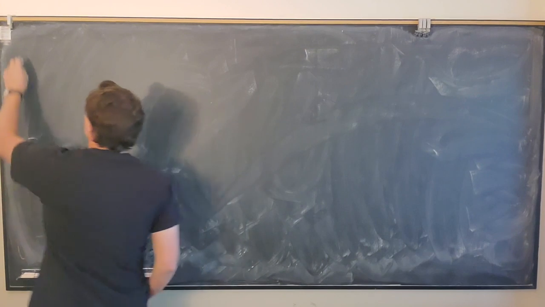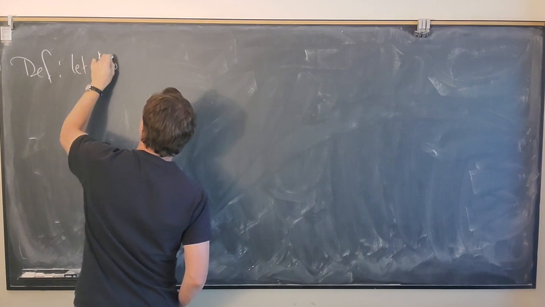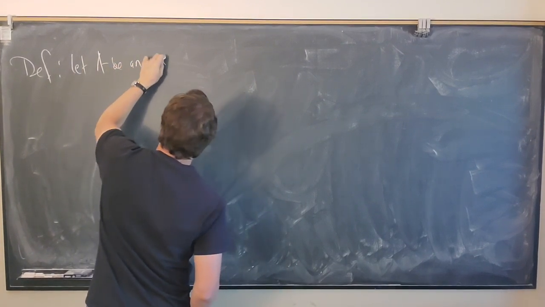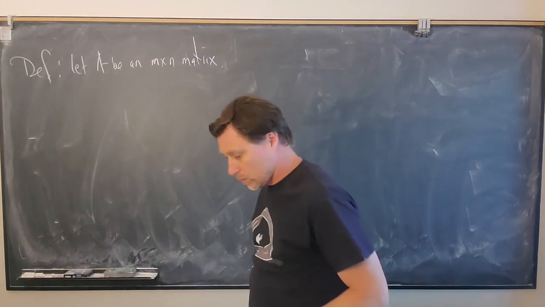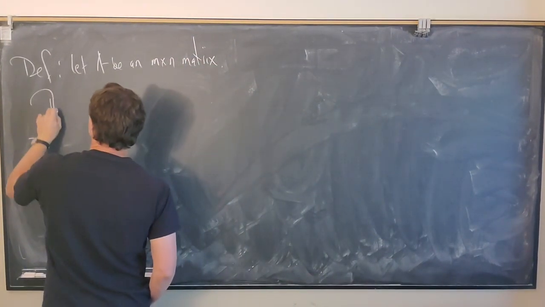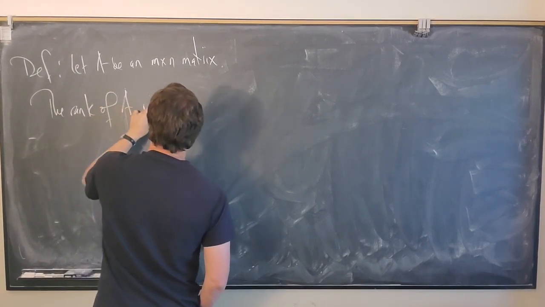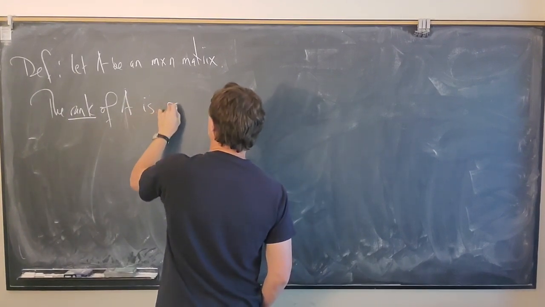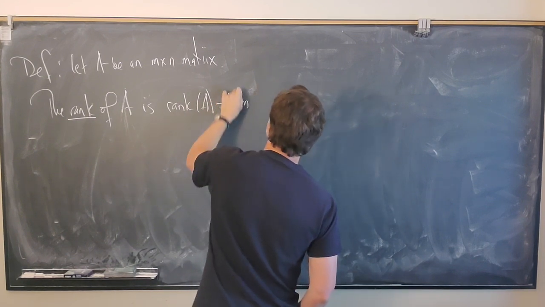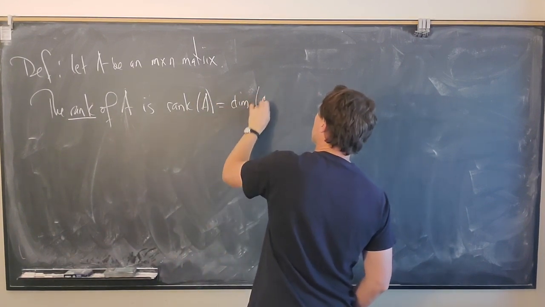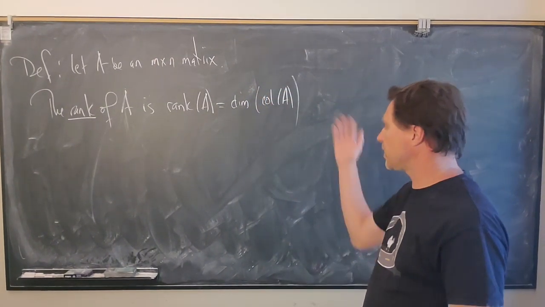Okay, so now let A be an M by N matrix. The rank of A, and we'll write that as rank of A, by definition is the dimension of the column space of A. So the rank is the dimension of the column space.